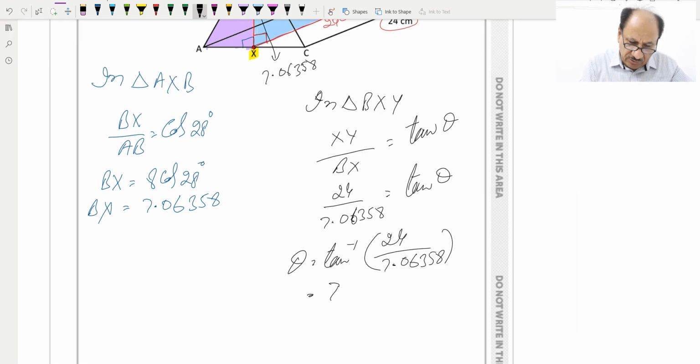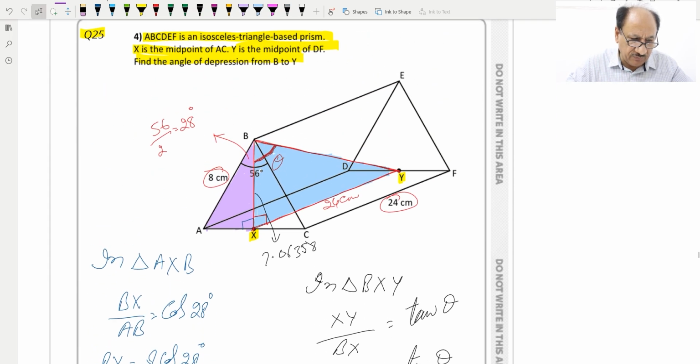So 73.6 degrees, this will be the theta value which we were supposed to find, which we have done.